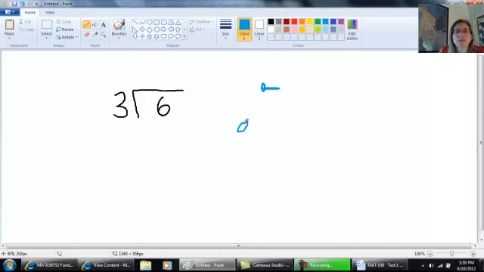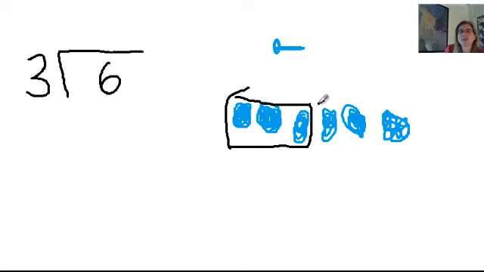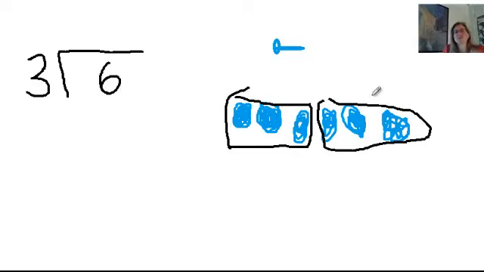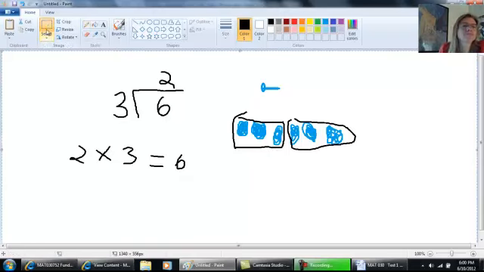If you have 6 little balls, like saying you've got 6 things, and you're going to divide them into groups of 3. I'm going to take 3 and separate it out over here, and I took 3 and put them in another group. Well, that goes evenly. 3 goes evenly into 6 twice.